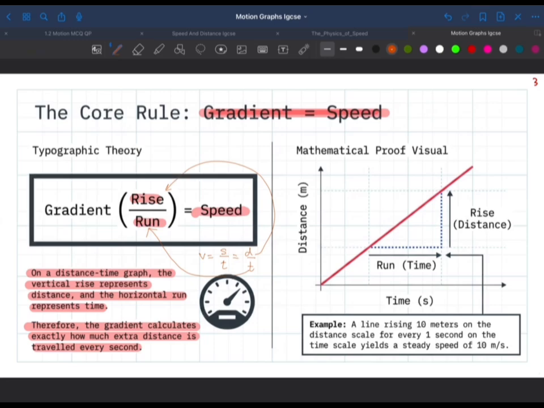And obviously the shape of the graph, as you can see here, will be the shape of the graph when the body has a particular value of speed. Why? Because the slope throughout the graph is constant. Here you can see that a line rising 10 meters on the distance scale for every 1 second on the time scale yields a steady speed of 10 meters per second.